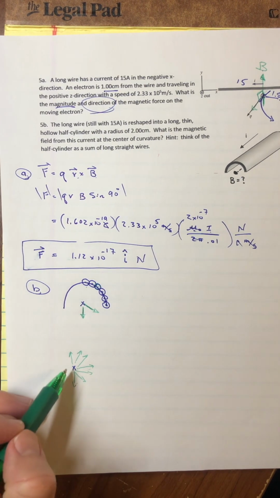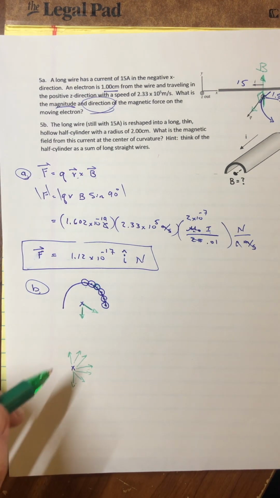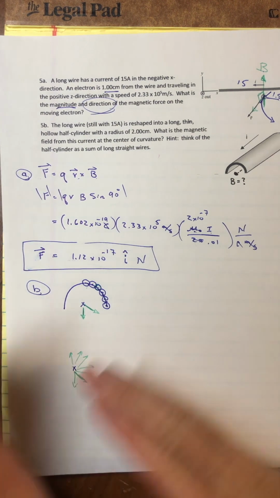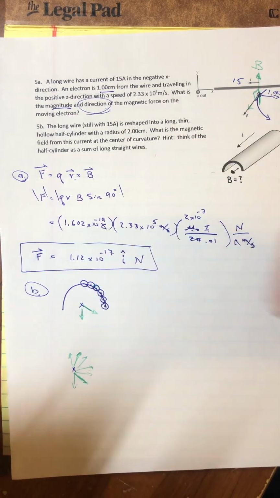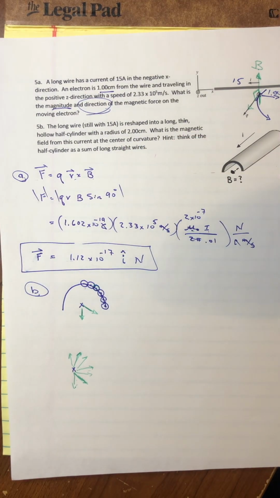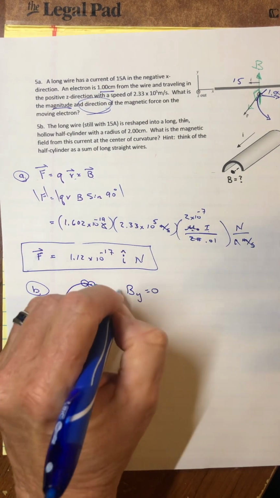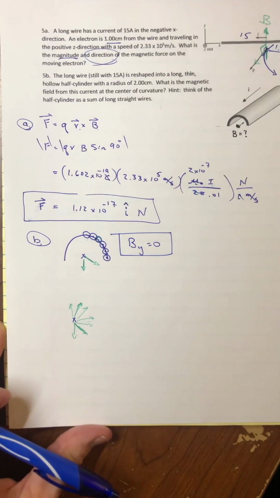Now, the reason that can be helpful is just by looking at this picture, you can see a symmetry: for every one pointing to the right and down, there's another one pointing to the right and up. Because of that, I might start off by saying the magnetic field in the y direction is going to be 0. It's just going to cancel off.